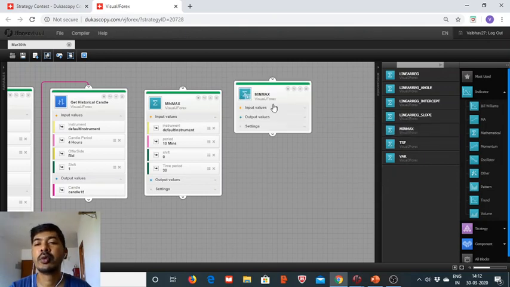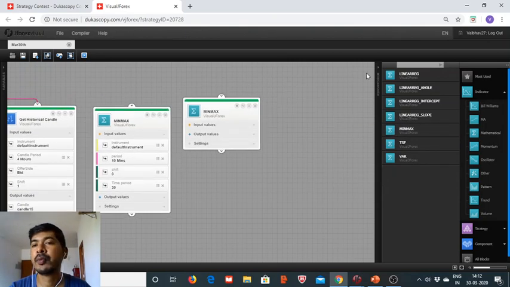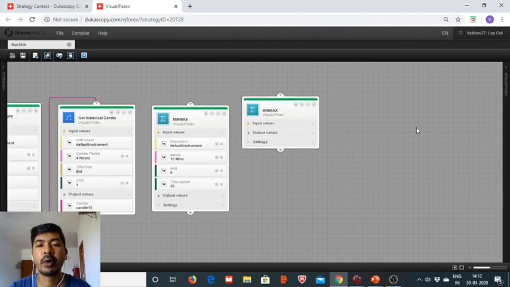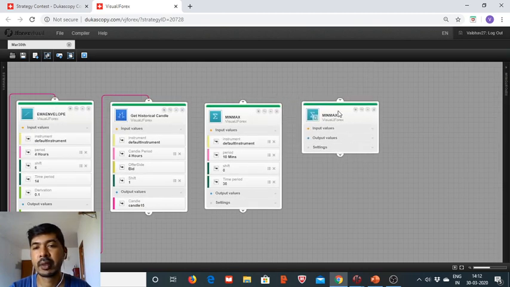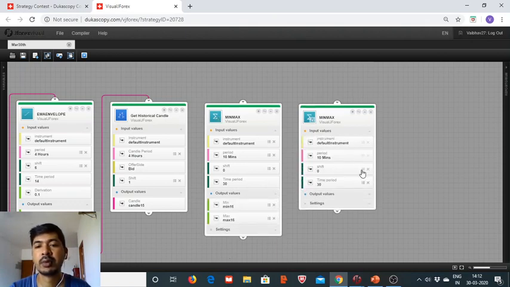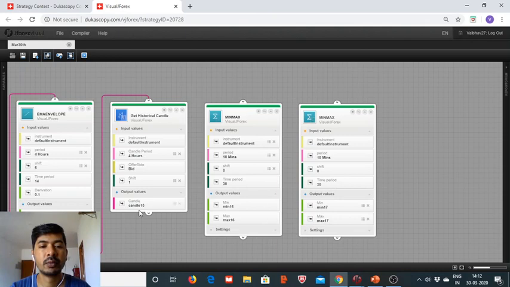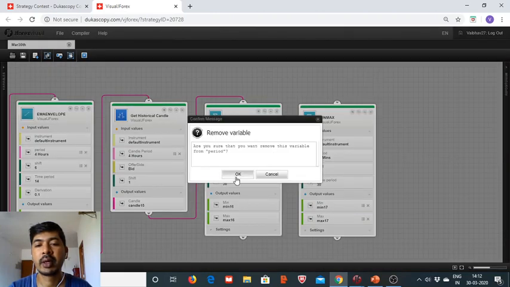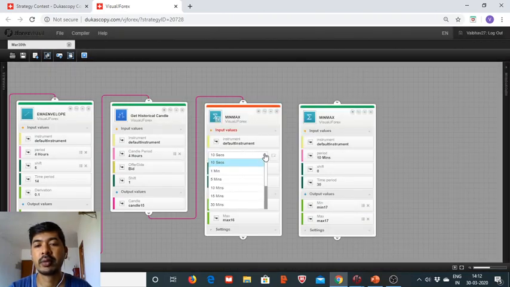We will need to use 2 blocks of the min-max. Default here we make it to 4 hours.